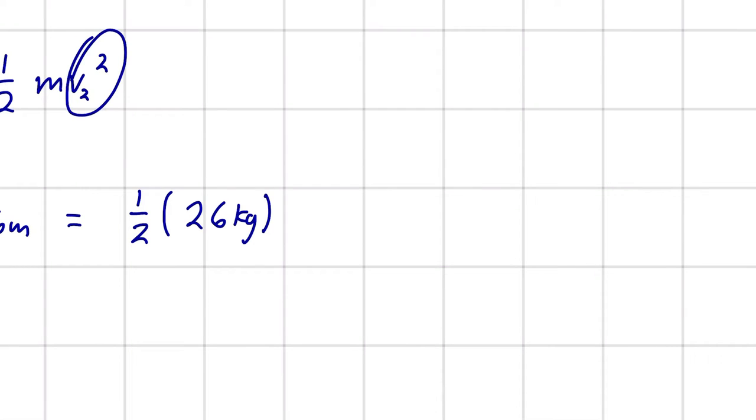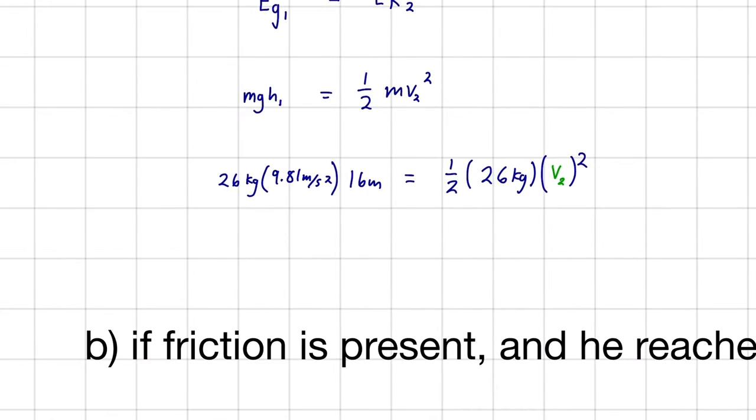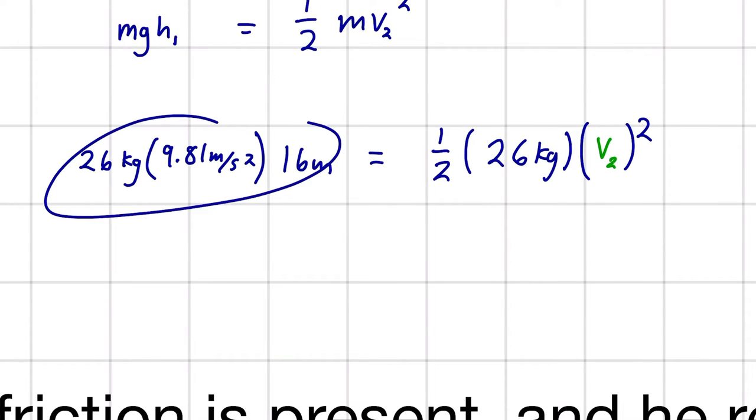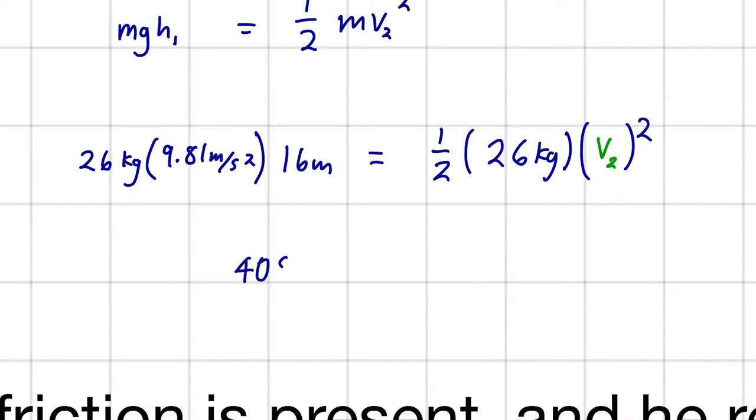And then this V2 squared. So that's our unknown value. I'm going to make this in green so we can keep track of it. V2, that's our unknown speed at the end. So let's simplify these terms here. Let's start multiplying some things out. So when we multiply this all together, we get a value of 4,080.96.